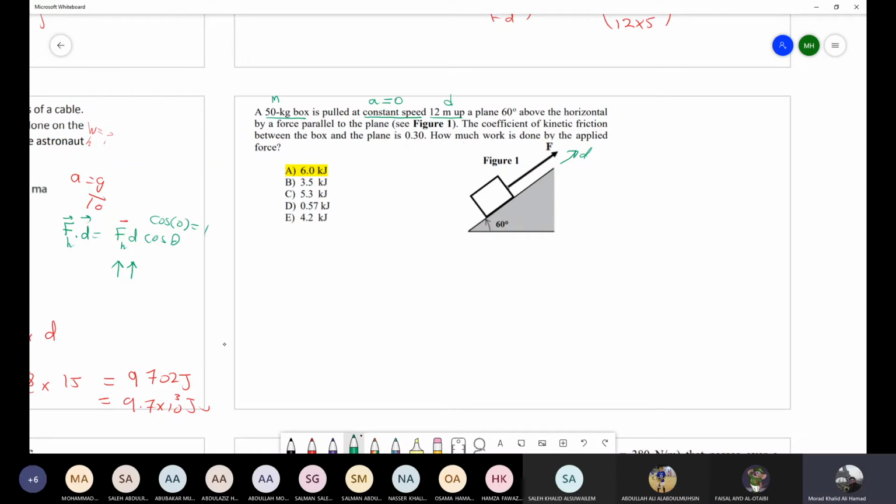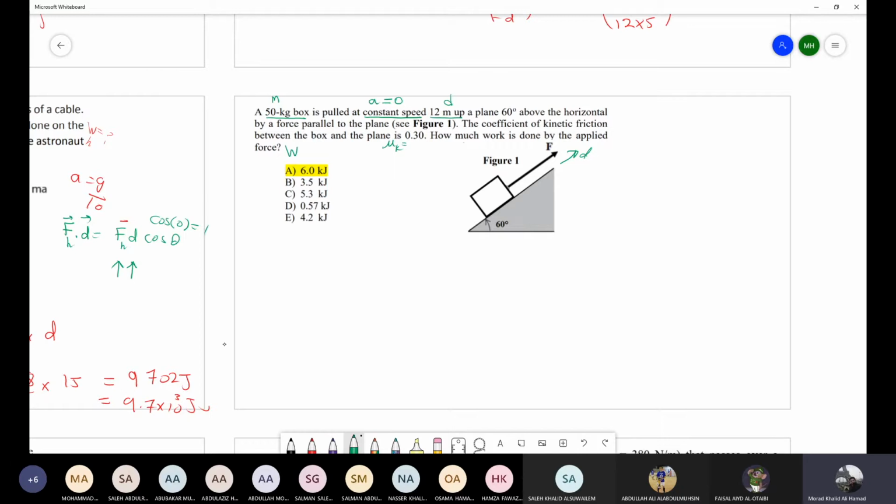On a plane at 60 degrees, theta is 60 degrees, above the horizontal, by a force parallel to the plane. Here is the force parallel to the plane. This is F. See figure 1. The coefficient of kinetic friction between the box and the plane, which is mu k, is equal to 0.3. How much work is done by the applied force?